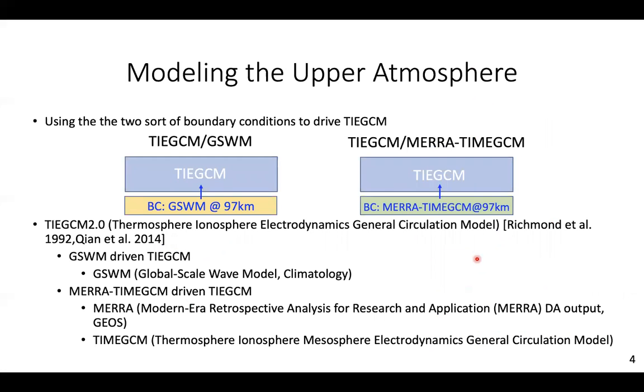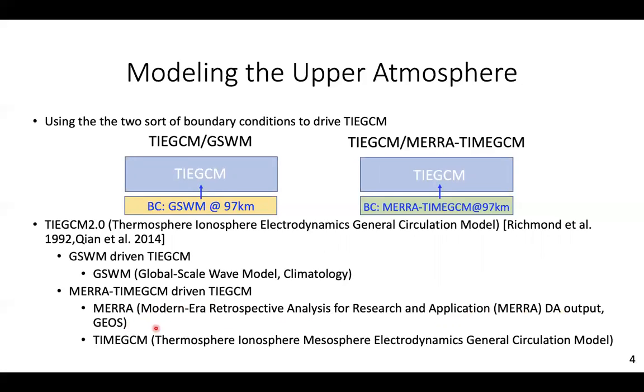For modeling the upper atmosphere, we utilize the TIE-GCM model. There are two sorts of boundary conditions to drive the model. One is the regular one, GSWM. The other one is MERRA-driven TIME-GCM at 97 kilometers altitude. MERRA is the Modern-Era Retrospective Analysis for Research and Applications, the data assimilation output from the lower atmosphere model.